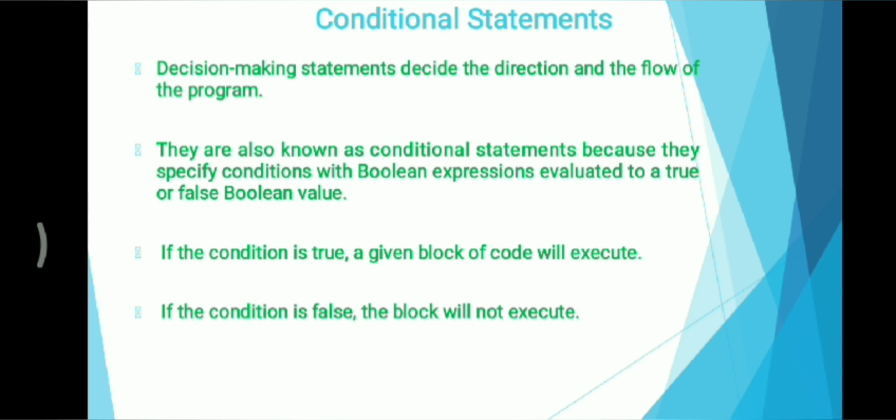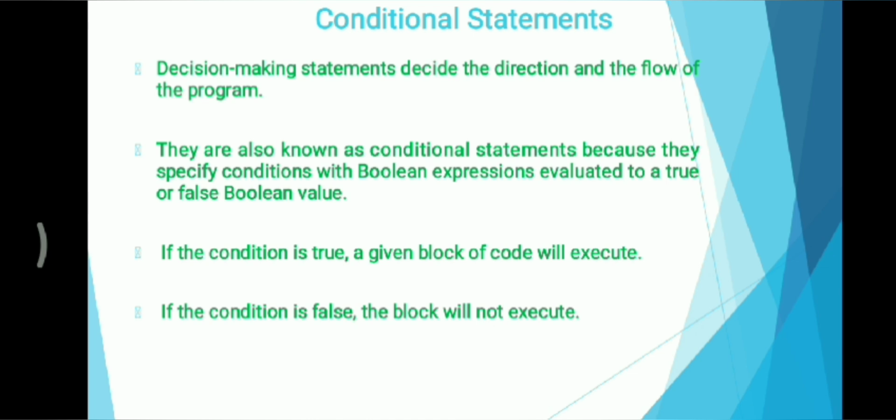Based on the condition, it will work. If the condition is true, the set of code will execute in your program. If the condition is false, another set of block will execute, or it will not execute any other block and nothing will happen. Conditional statements are also called decision making statements.